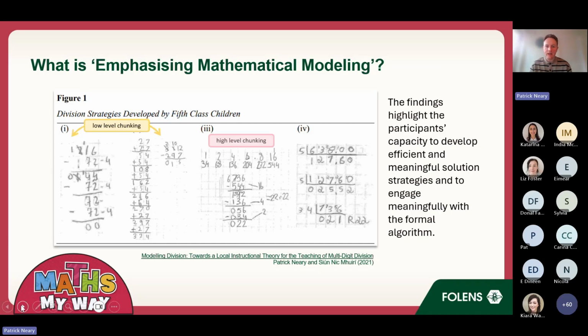The next way a child came up with was what we called high-level chunking. So here they were dividing by 34. And as they started, they said, okay, 1 group is 34, 2 groups is 68. Then this child loved doubling. So then they said 4 groups, 136. They kept going up and up and up until they got 16 groups is 544.